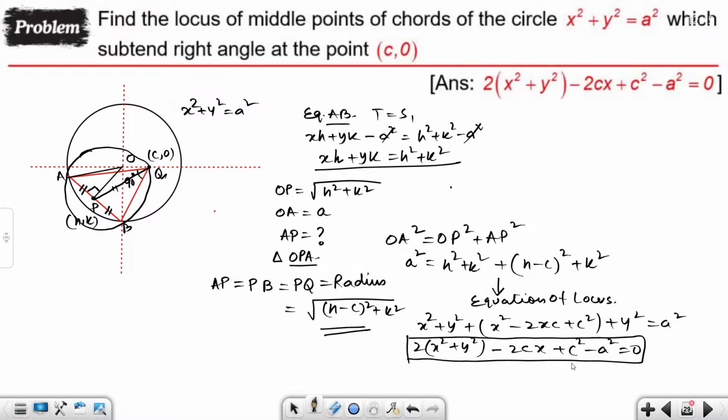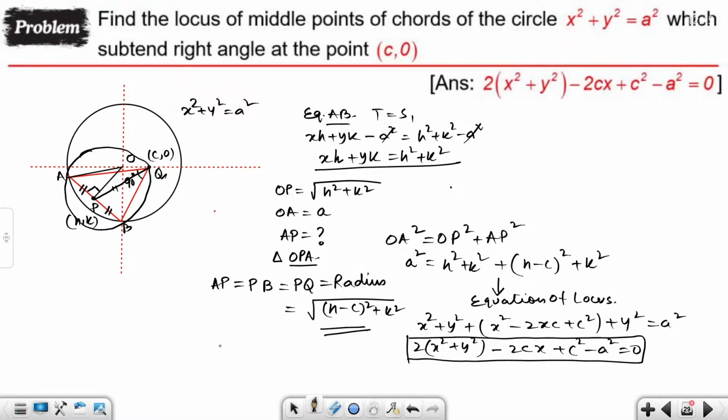But here in the question, they have said that it is making an angle of 90 degrees, but not at the origin, but at some other point. So in that case, I have to find out the locus. So I have to find a relation between h, k and the constants given. Here the constants are c and a. To find it, I have used the Pythagoras theorem in the triangle OPA.